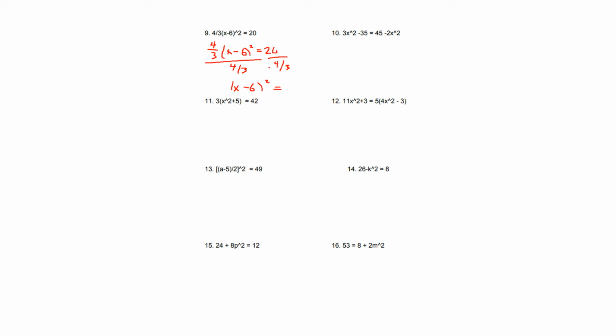And so this becomes 60 over 4. If we do 60 over 4, then it becomes 15. And you could square root both sides, so it becomes x minus 6 equals plus or minus square root of 15. And this also equals 6 plus or minus square root of 15.